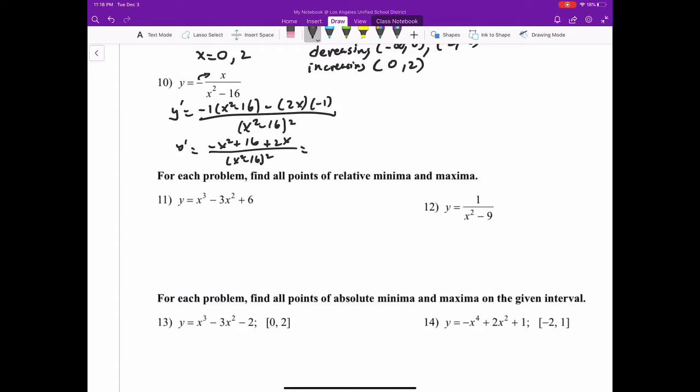Okay, I'm going to rewrite that as negative x squared plus 2x plus 16 all over x squared minus 16 squared. Rewrite this again because I don't want the negative in the a value position, the front here, I don't like that too much. So negative x squared minus 2x minus 16 all over x squared minus 16 squared.